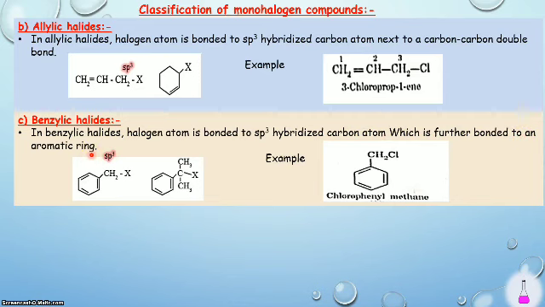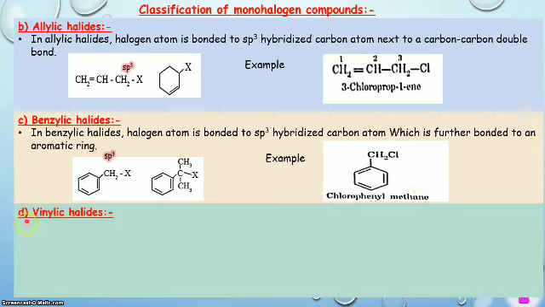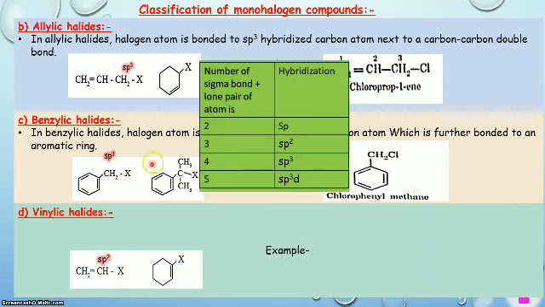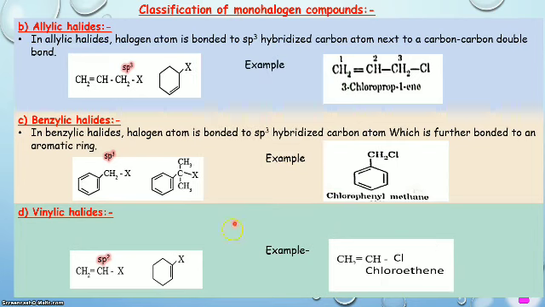The next monohalogen compound is vinylic halides. In this, halogen is bonded to sp2 hybridized carbon atom. Now why is it sp2 hybridized carbon atom? Because it forms 3 sigma bonds. So according to our chart, if it forms 3 sigma bonds, then hybridization is sp2.